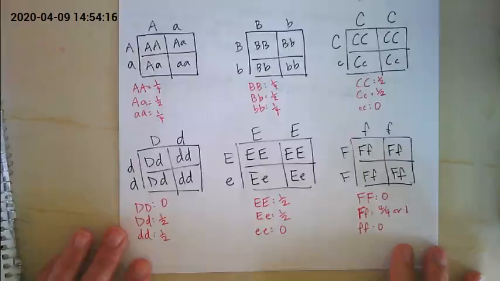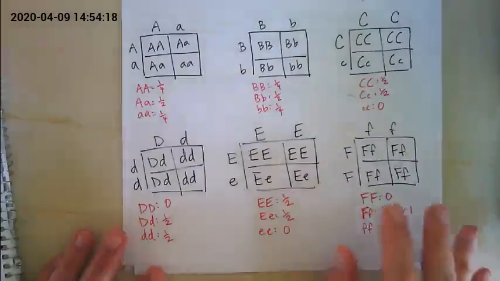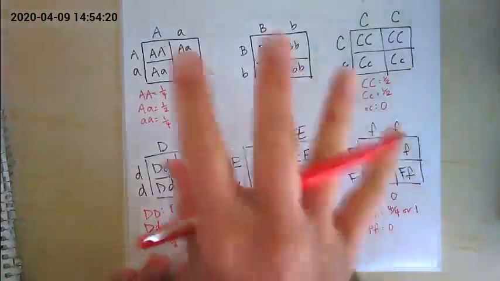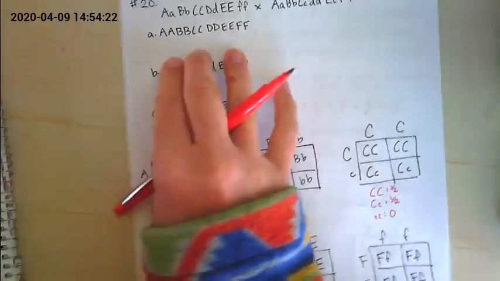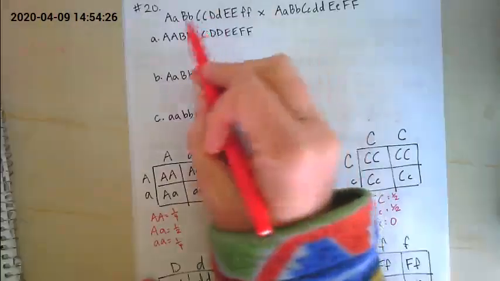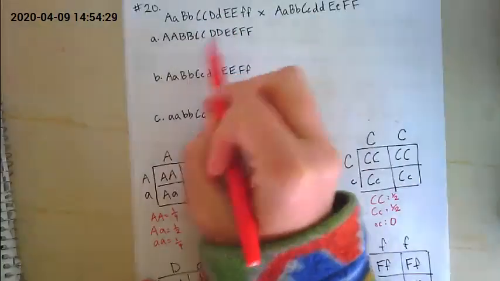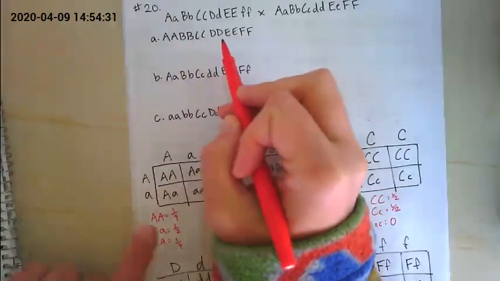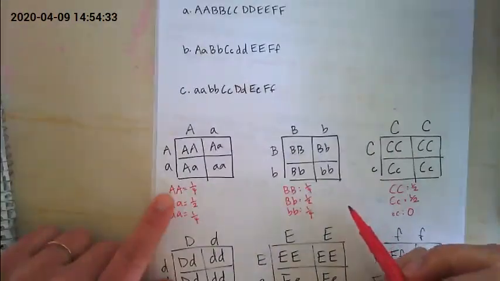Okay. Now we're going to use this. These problems get hard, right? We're going to use this to figure this part out. So, what are the odds that these two would have a child with this genotype? All right, so we're going to just copy what we did.